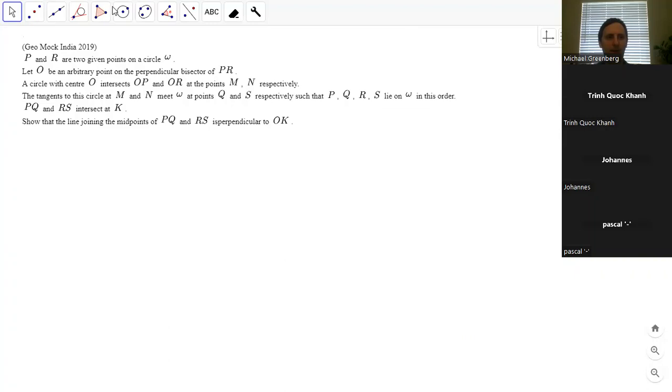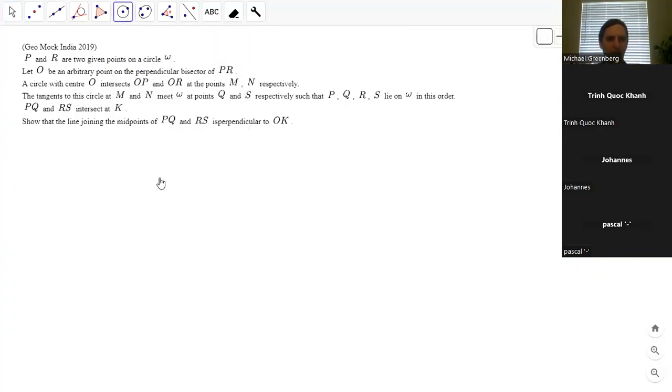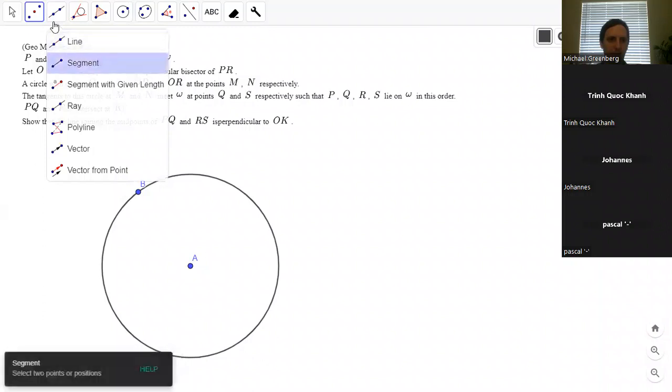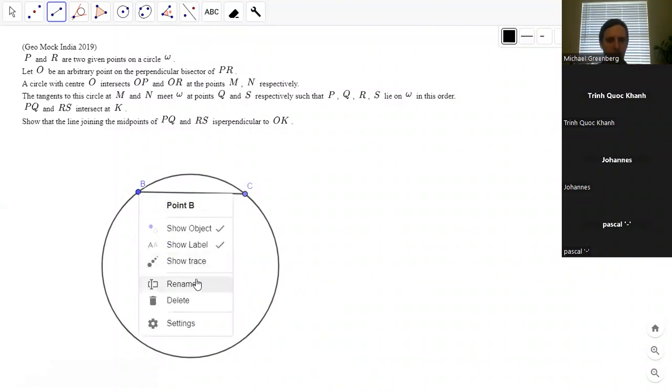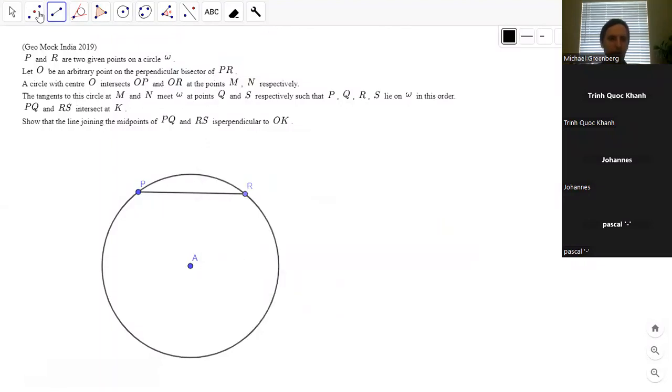All right, so we have a circle and we have 2 points P and R on it. And O is an arbitrary point on the perpendicular bisector. So let's draw P and R. We can rename them.